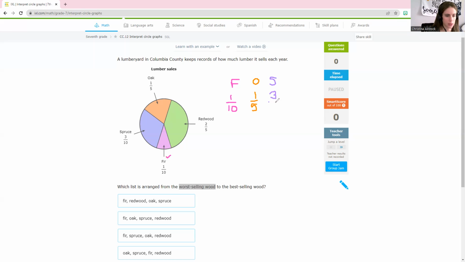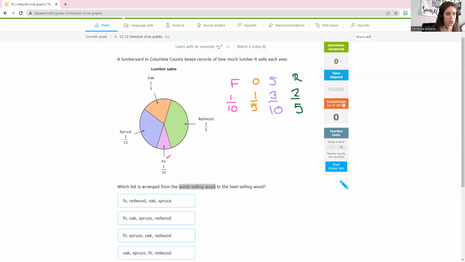That's a little bit bigger, I think. And then definitely the largest one would be the green one, which is the redwood at 2/5. All right, even though I feel pretty good that this is in order from the worst selling, so the least amount, to the best selling, the most amount, I want to compare my fractions to make sure a mistake has not been made.